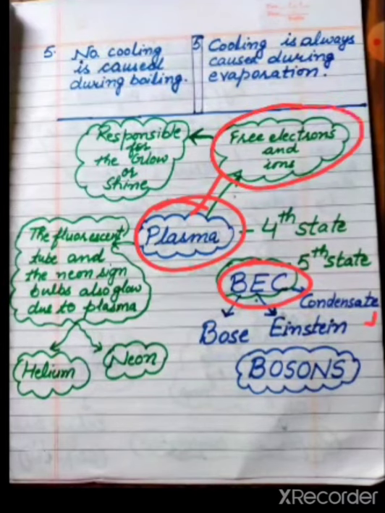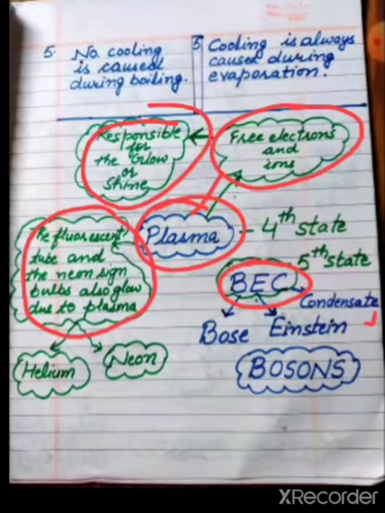Actually, inside the sun and the stars, the temperature is very high. As a result, the atoms break, releasing electrons, and the residual particles are called ions, which carry positive charge. The mixture of highly energetic electrons and ions is known as plasma, and it is responsible for the glow or shine. And the fluorescent tubes and the neon sign bulbs also glow due to plasma.